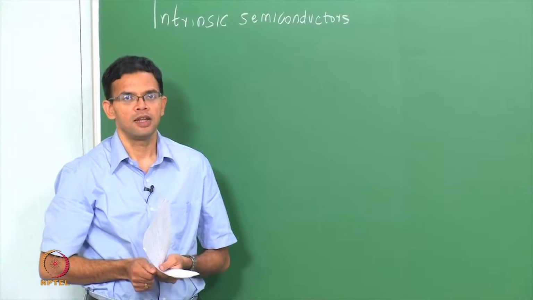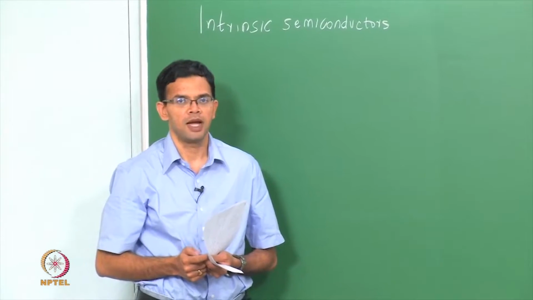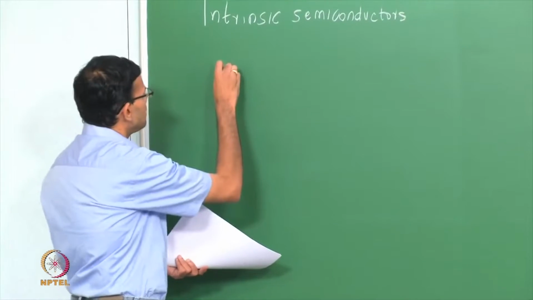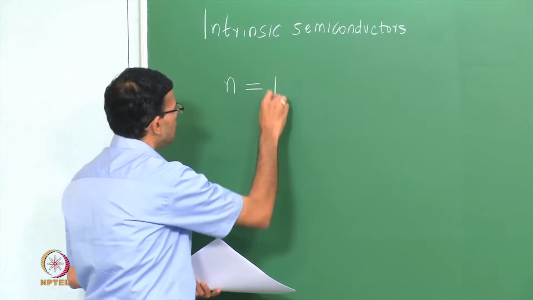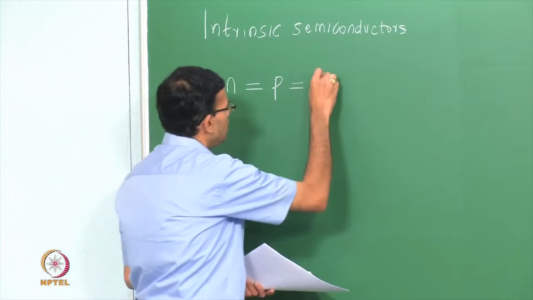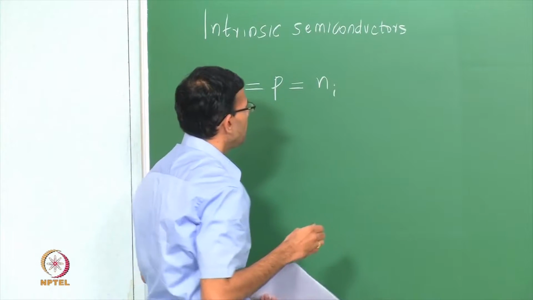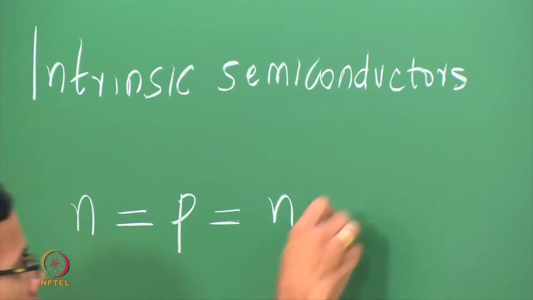We found that at any given temperature, electrons and holes are created in pairs, and in an intrinsic semiconductor n, which is the concentration of electrons, is equal to the concentration of the holes, and it is equal to a number ni, and ni we called the intrinsic carrier concentration.